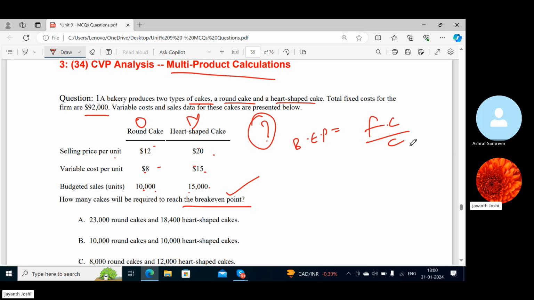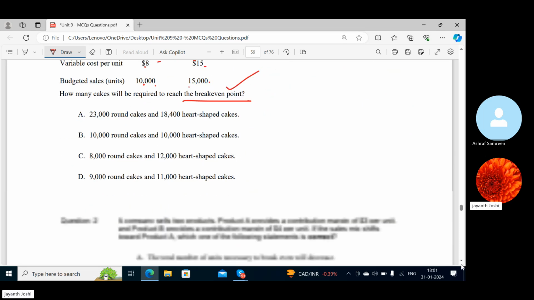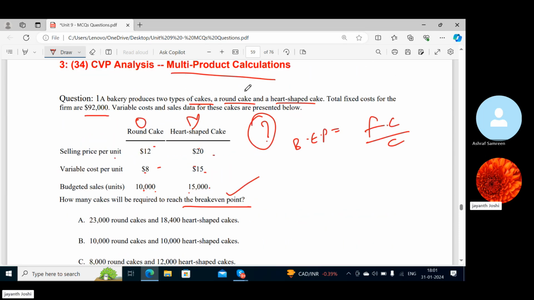So see, contribution, what we are taking here. The total fixed cost is 92,000, and we need to find out the break-even point. Budgeted sales units are 10,000 and 15,000. This is budgeted sales units. So we will take the single one. It is 92,000 divided by, just a second.